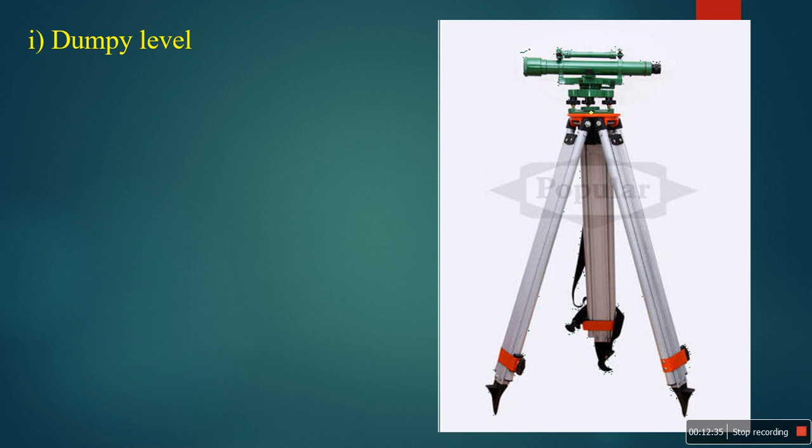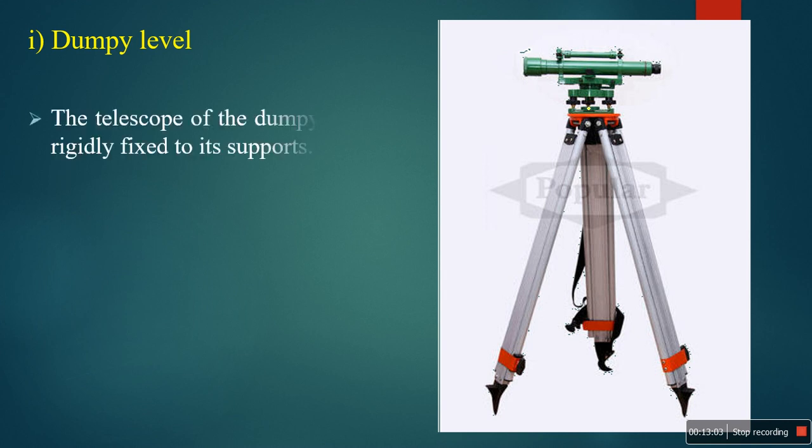The portion from here to here is the tripod stand, and this is our dumpy level instrument. As usual, this is our spirit level, this one is the telescope, this side is the eyepiece, and this side is the objective glass. There are three foot screws.